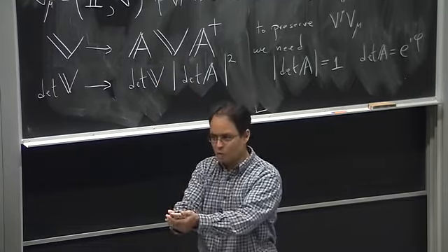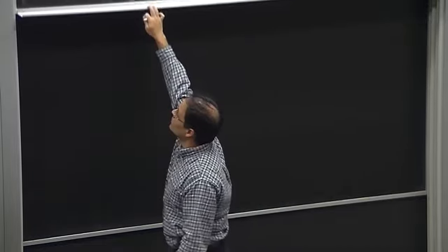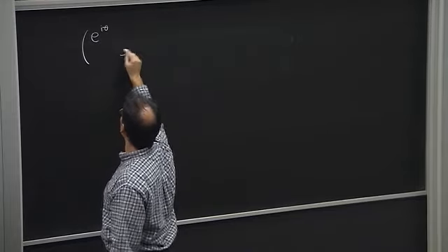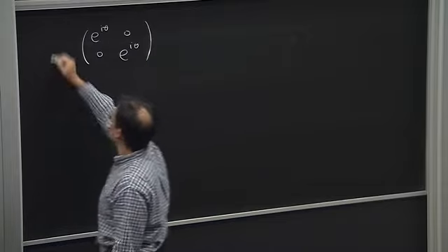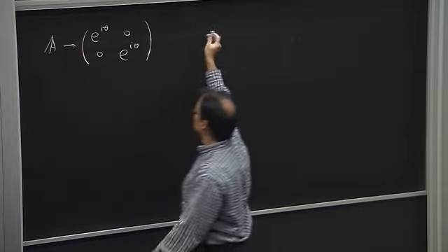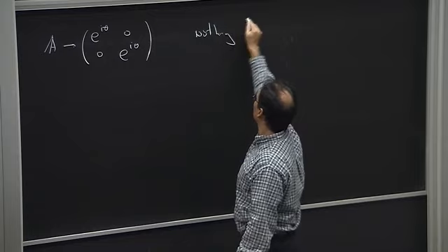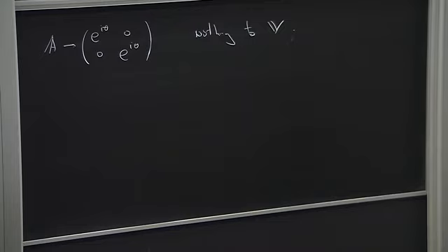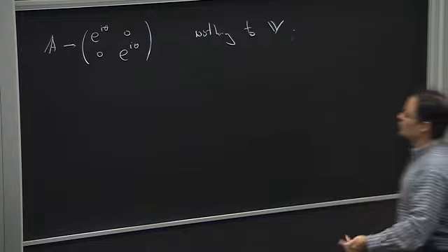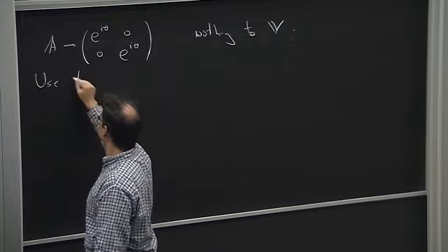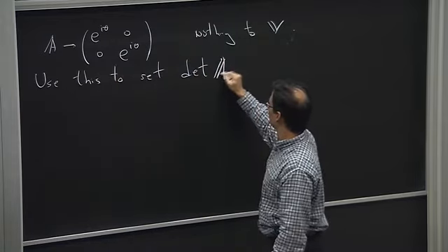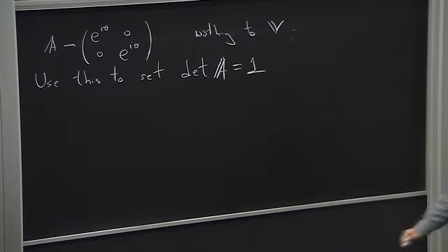So it's not something that acts on my matrix B. So changing A by a matrix that looks like e to the i theta times A does nothing to V. So it's completely irrelevant as the information that we're looking for, as the group that acts on V and preserves the norm. So we can use this to set the determinant of A to be always 1.